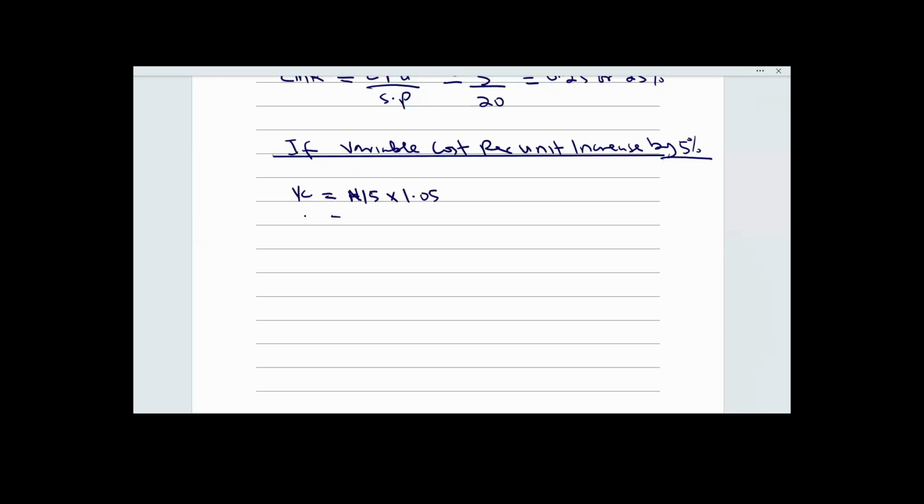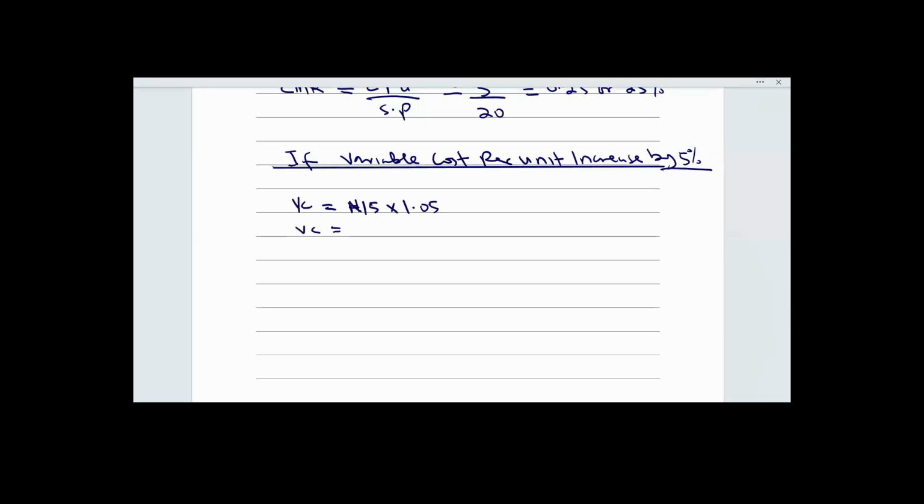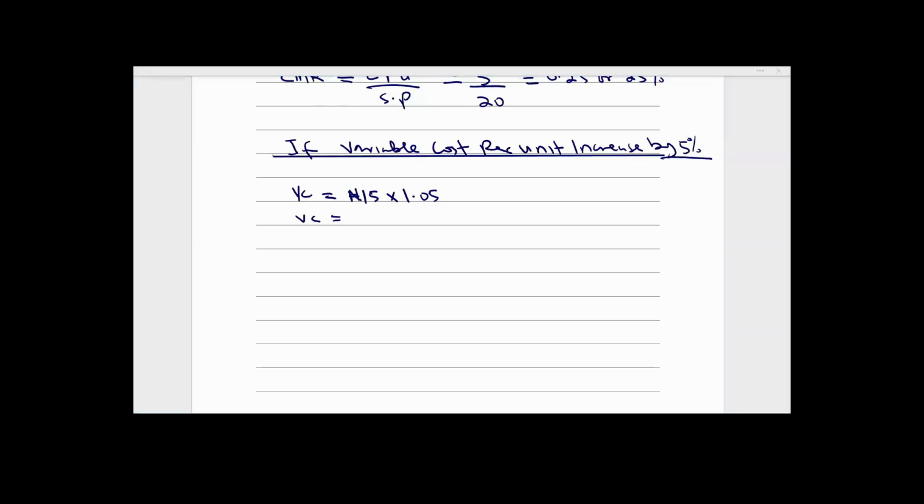So this will give us 15 multiplied by 1.05. That is 15.75.